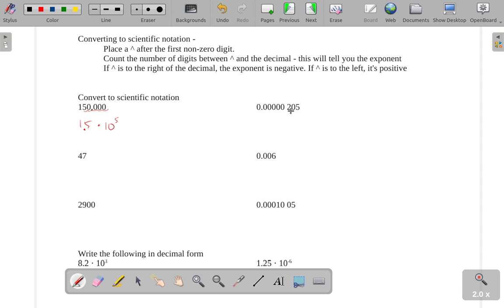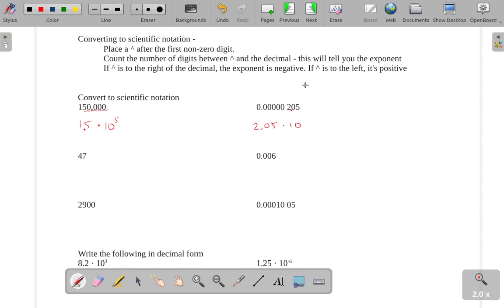Alright, let's look at this one. It's the same sort of process. We put the decimal place just to the right of the first non-zero digit, so 2.05 is what we have here. And then I need to say times 10 to some power. This is going to be a negative exponent, because instead of moving our decimal place to the right, which normally happens when we multiply by 10, I want to move it to the left, which is normally happening when we're dividing by 10.